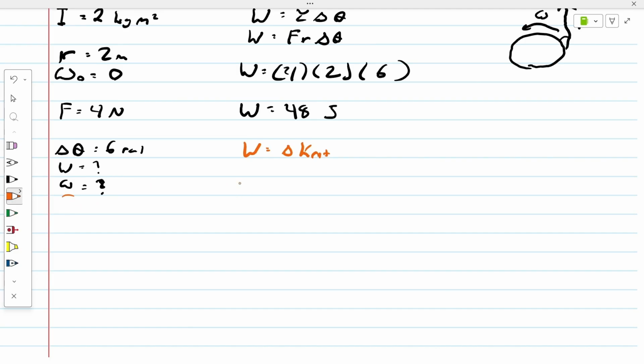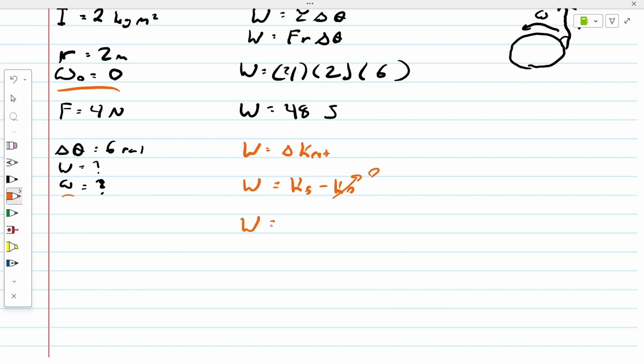Okay, so we can first write it as the kinetic energy final minus the kinetic energy initial. Since our initial angular velocity is 0, this just goes to 0 because there's no motion, no energy. So it's really just work equals the final kinetic energy.